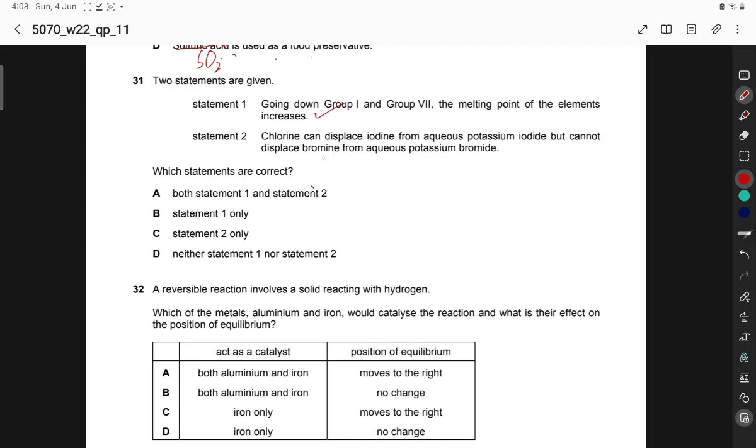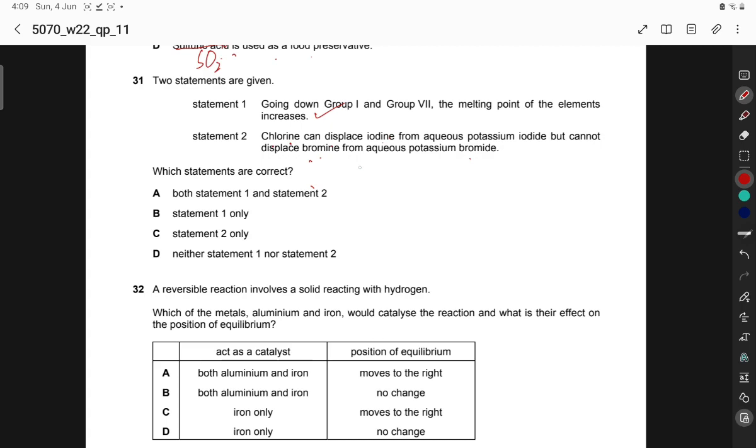Chlorine can displace both iodine and bromine from potassium iodide and potassium bromide, because chlorine is more reactive than bromine as well as iodine. So highly reactive halogens can displace less reactive halide ions from their solution.